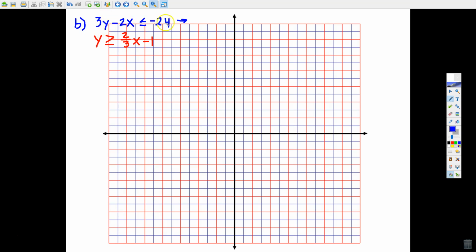You wouldn't have to worry about the inequality changing because we know that the y coefficient is positive. So if you wanted to just think of plotting intercepts and graphing, that would be fine. I'm just going to go ahead and solve for y, adding 2x to both sides, and then one more step, dividing by 3. Y is less than or equal to 2/3 x minus 8.